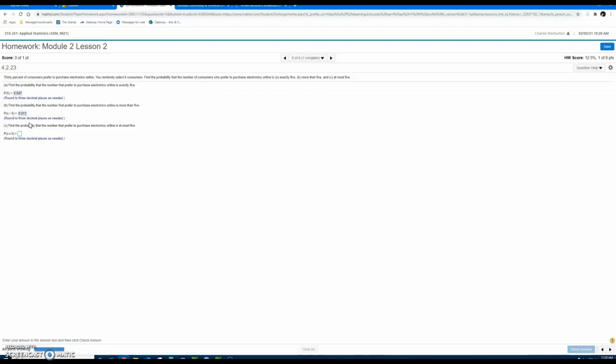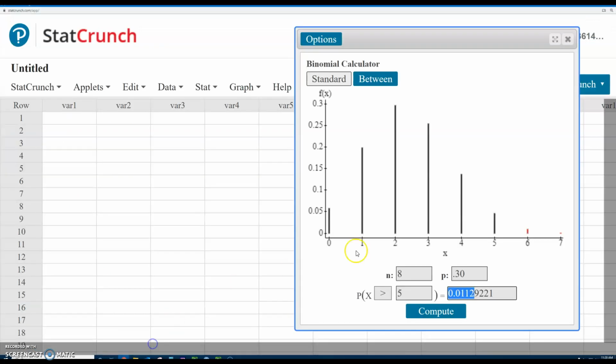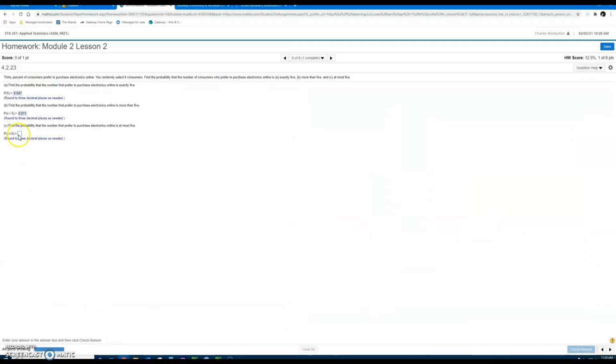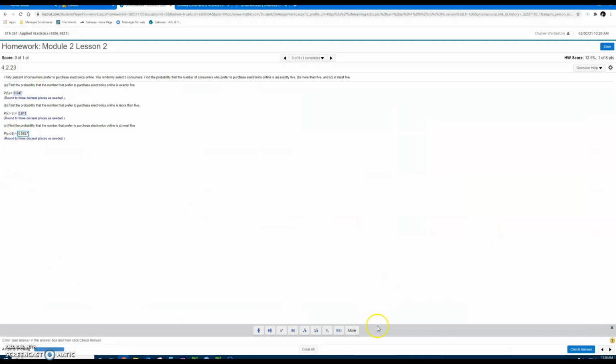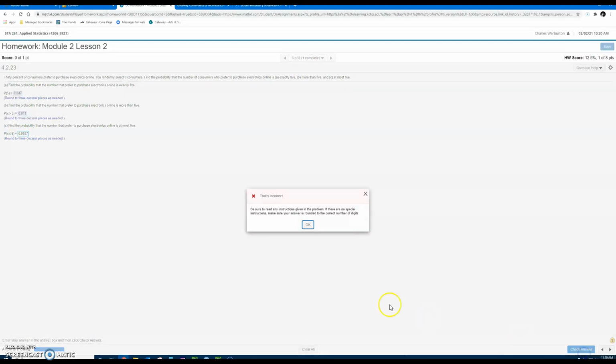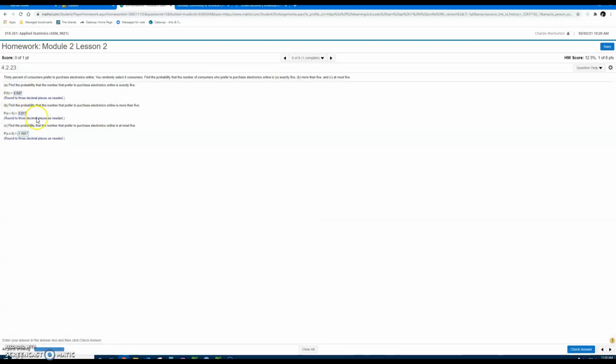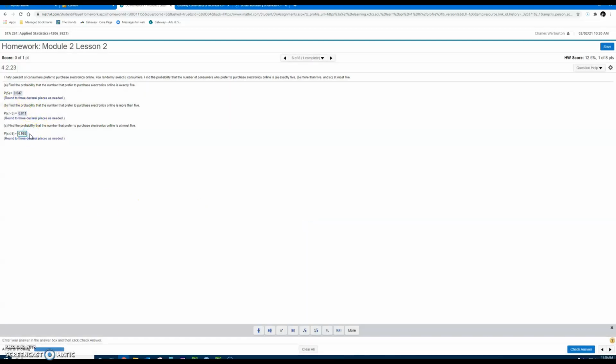Rounding's appropriate. How about less than or equal to 5? No problem. Less than or equal to 5. There's the probability. Got to get to 3 decimal places there, so that needs to round up to a 9.